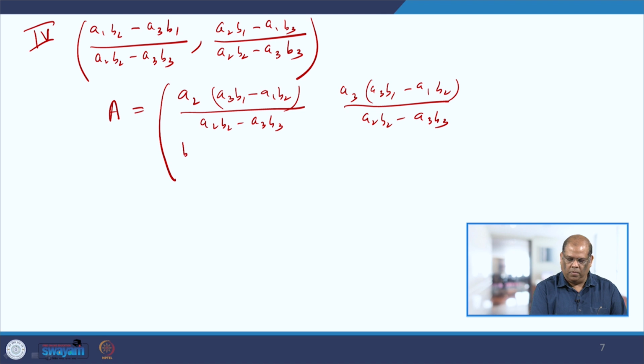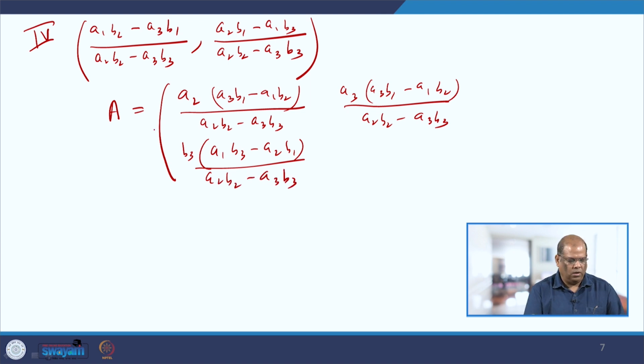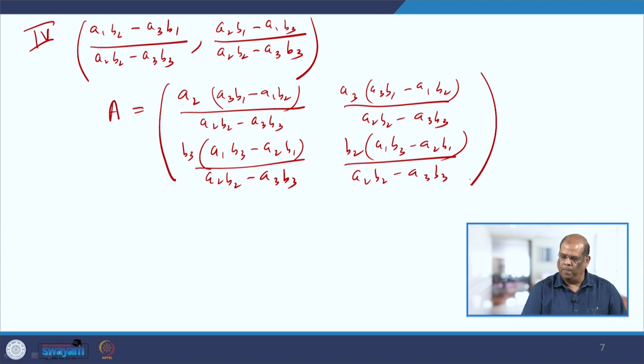This one is B3 multiplied by (A1 B3 minus A2 B1) divided by A2. You could have taken this common, but anyway, (A1 B3 minus A2 B1) divided by (A2 B2 minus A3 B3).